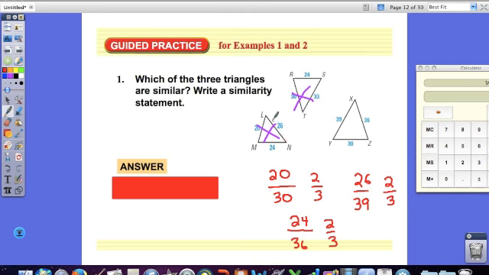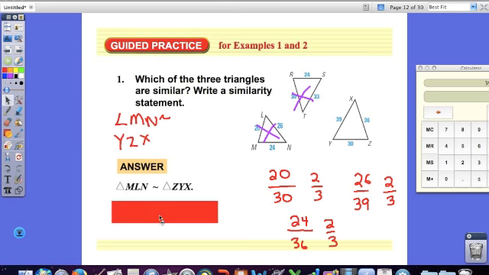So triangle LMN is similar to triangle YZX. They listed it differently, MLN, so ZYX, but as long as they line up, that is correct.